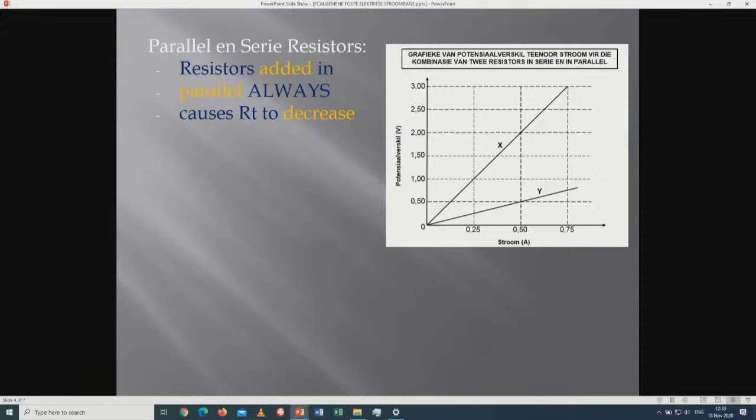So now you know: resistors connected in parallel always decrease the total resistance.